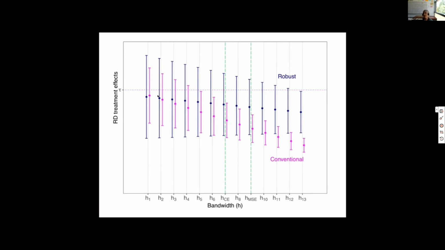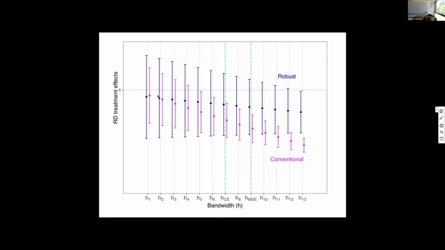So that means that we're going to be over-rejecting the null hypothesis of no treatment effect. And a back-of-envelope calculation tells you that the coverage that those confidence intervals will have will be roughly 82% for a 95% nominal level confidence interval. That means you're going to be rejecting roughly 10% of the time incorrectly the null hypothesis.